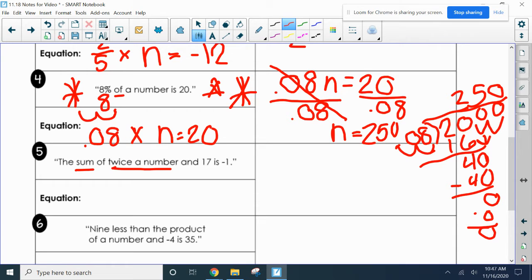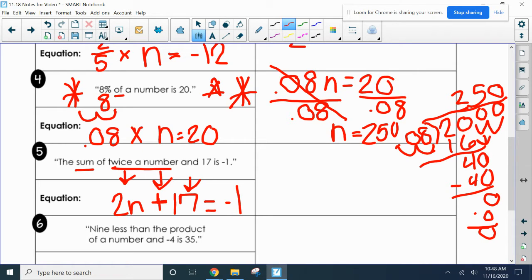Awesome. So sum means addition and twice a number means we're multiplying by 2. So 2n, twice a number, plus 17, because of sum, equals negative 1.